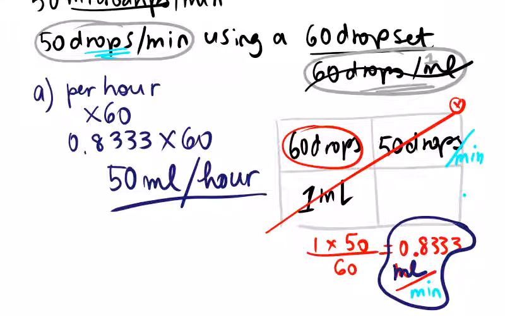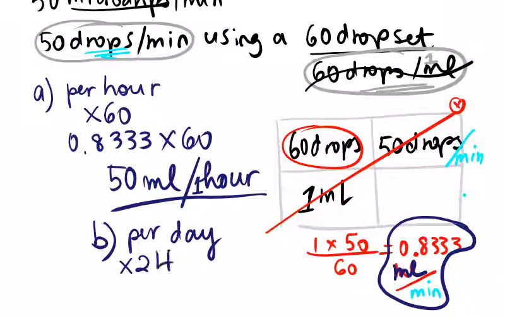That's it. Part B, so we don't need to do a box again. So this time we only solved it using one box and the intuitive idea that 1 hour has 60 minutes and that 1 day, because the second part of the question wants to know the volume per day. So we're going to simply say, well, if it's 50 mils in 1 hour, we will need 24 times that volume.